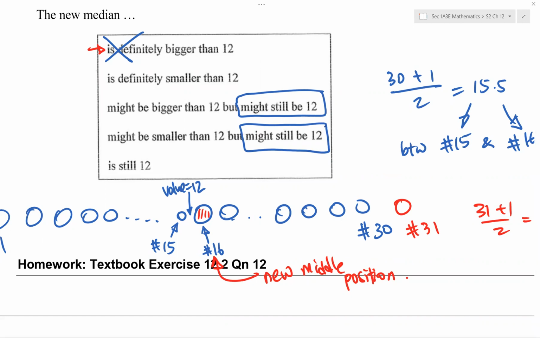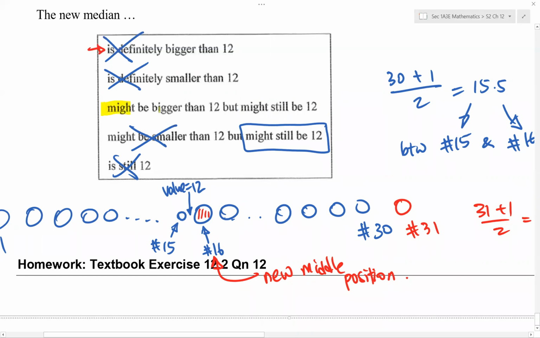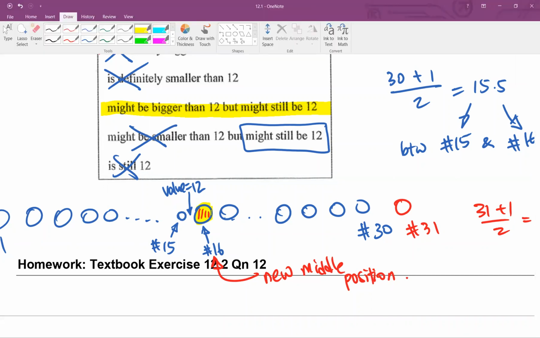Okay, so definitely smaller is definitely out, which means that this is also out. And we have seen that it might still be 12, so the last line is also out. So that leaves us with only one option. The new median, this red color value, it might be bigger than 12, but it might still be 12. So this is our correct option.